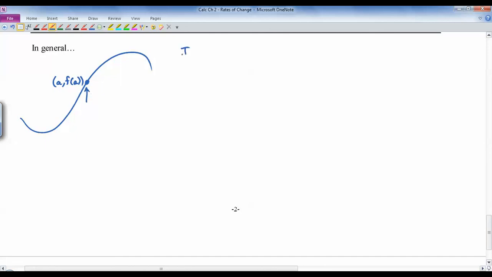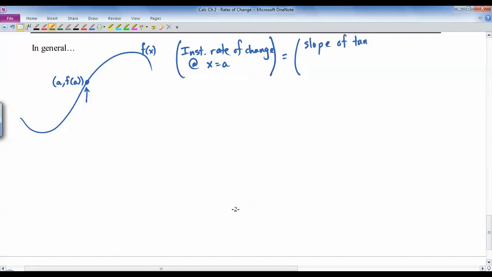So instantaneous rate of change at x equals a, where this graph is f of x. Okay? So the way to get that is to find the slope of the tangent line at x equals a.